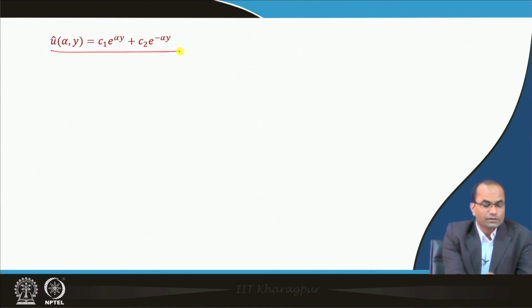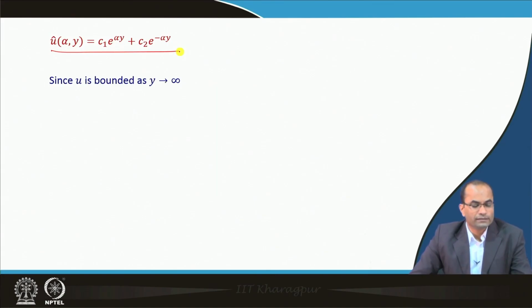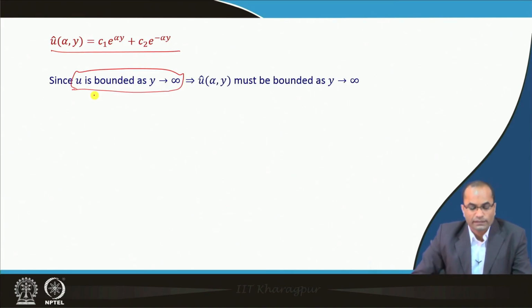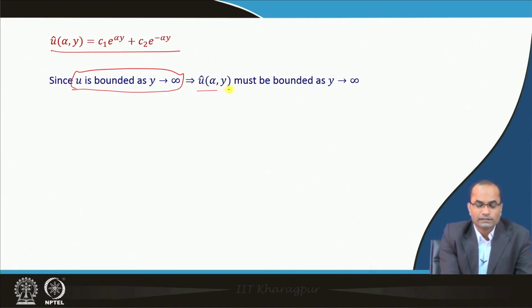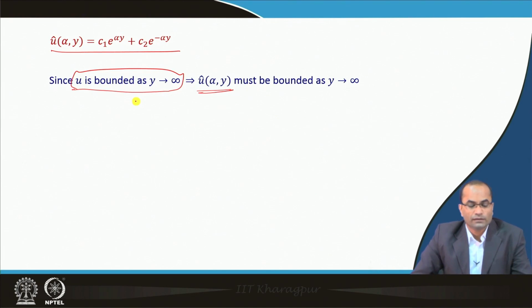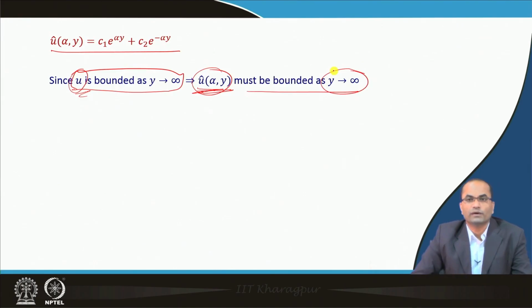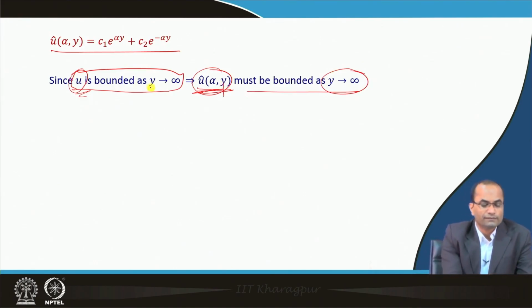Having this solution, now if we look at the condition prescribed for u as y approaches infinity, it is given that u is bounded as y approaches infinity. Therefore, when we take the Fourier transform of this u, that means u hat(alpha, y) must also be bounded with respect to y, because y will remain as it is.